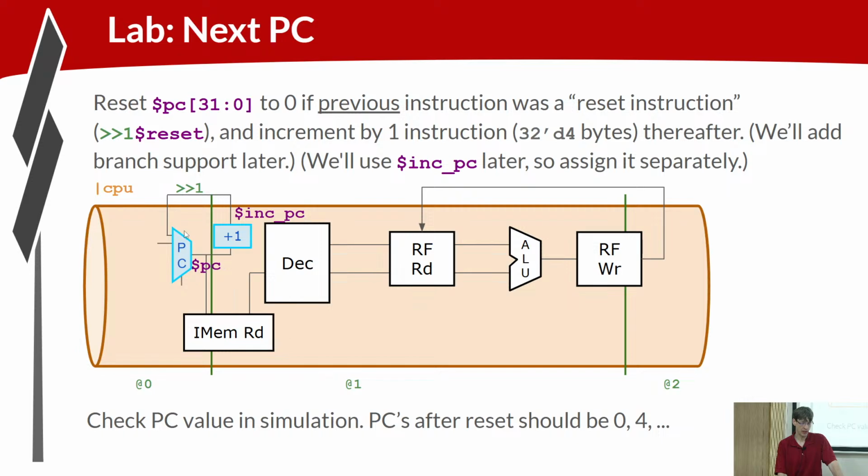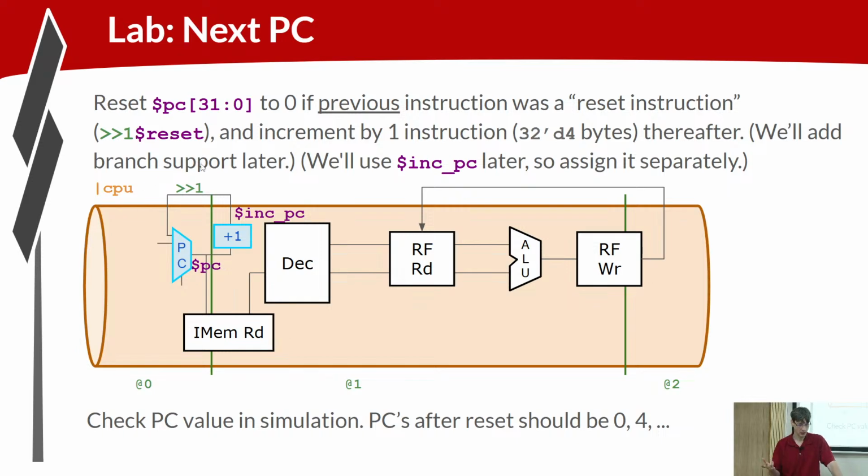And then after that, we want to increment by 1 instruction. Now, the program counter is a byte address. Instructions are 32 bits, 4 bytes, which means incrementing to the next instruction is incrementing by 4. So this logic is going to operate on a 32-bit address and increment every cycle by 4.